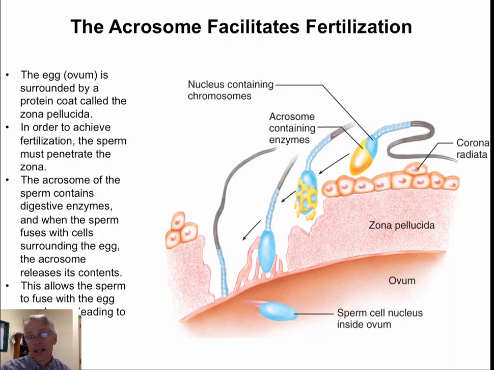That is basically a little baggie filled with digestive enzymes, the acrosome is. And if it meets an egg, the contact with the cells on the surface of the egg, these cells that are called the corona radiata, that will stimulate the acrosome to break down and release those digestive enzymes. The protein wall of the zona pellucida will be digested, and the sperm cell can get to the egg and fertilize it.